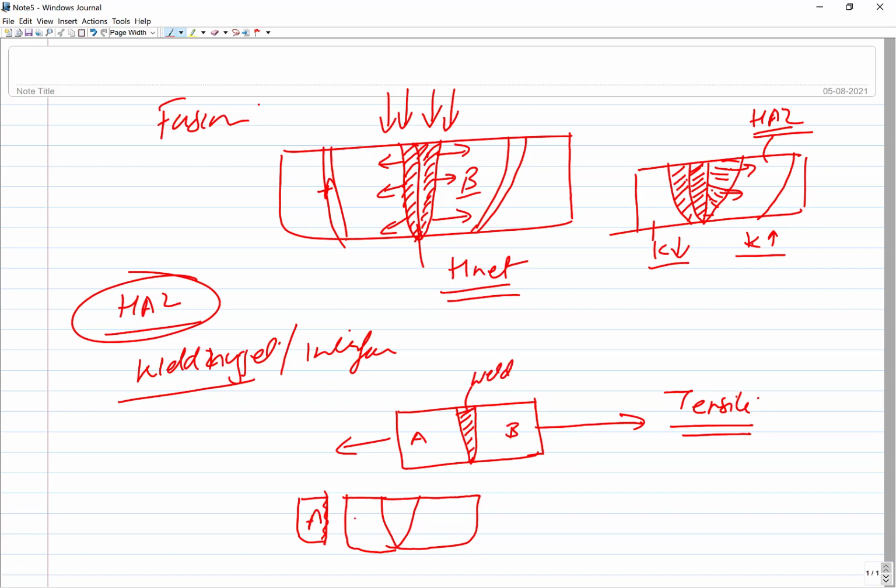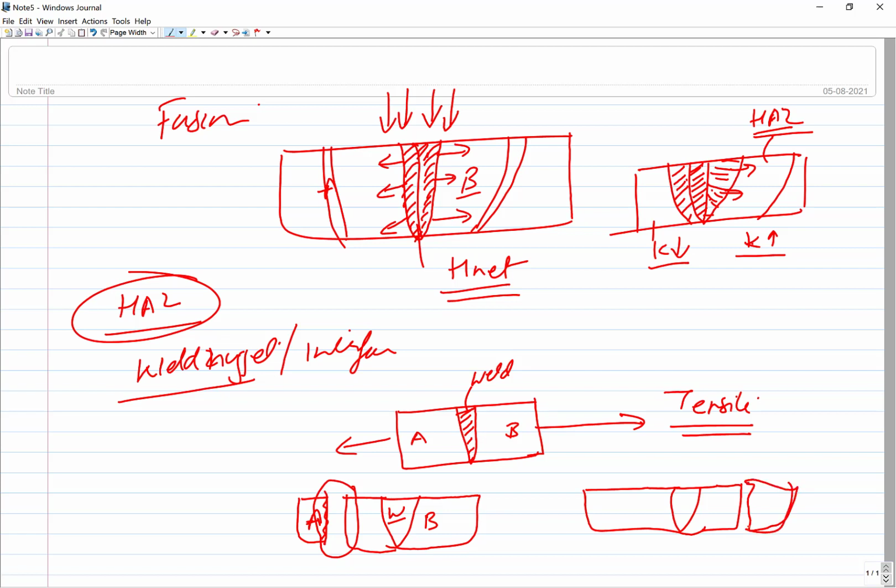So A has failed, which means your weld is strong and B is strong, so the base metal A is weak. The second situation is that the failure is not from A and the weld, but from the B side. So this will suggest that B is weak. These are the two things.